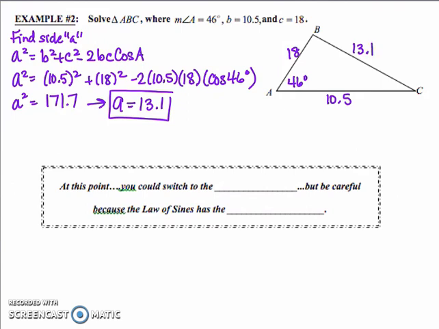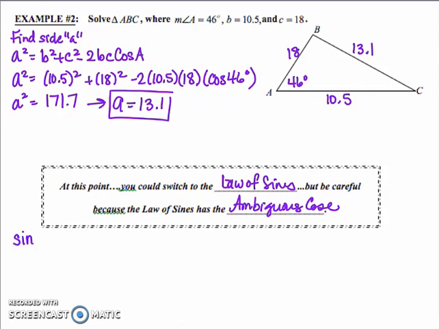Okay, so now that we know that, at this point, you could switch to the law of sines, but be careful because the law of sines has the ambiguous case. All right, so now that we know a side angle combination, now we know angle A and side A, we can go ahead and say, sine of A over A is equal to sine of B over B. We can use that to find angle B. So I'm going to start there.